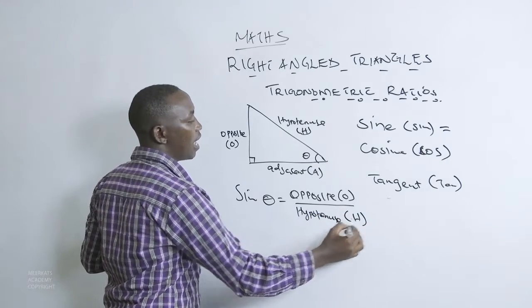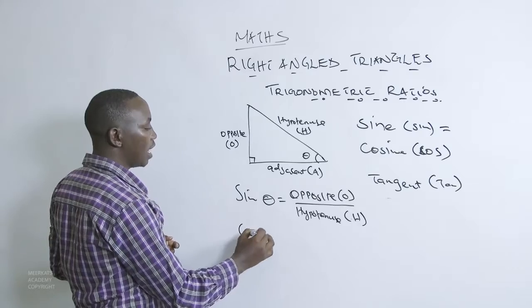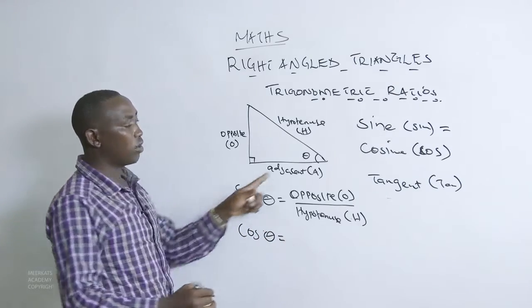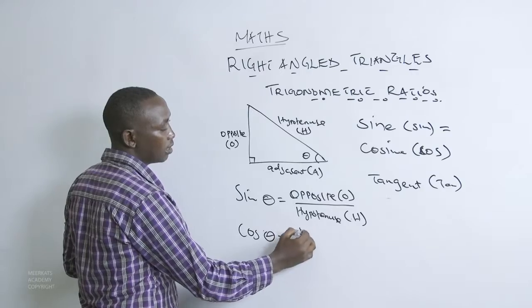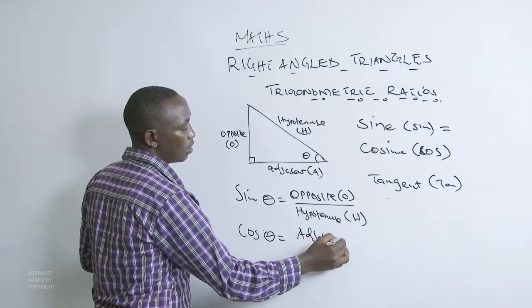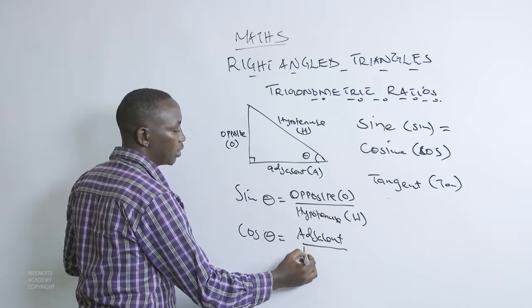that is H. And if you want to get the cosine of theta, that is cos of theta, then you take the adjacent side, you divide still by the hypotenuse.